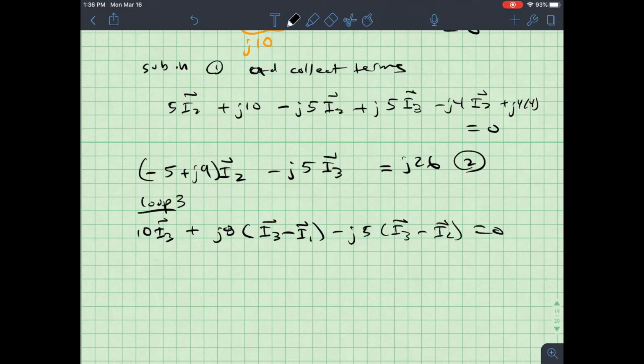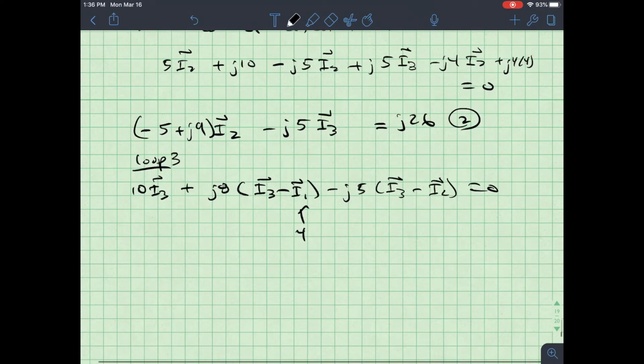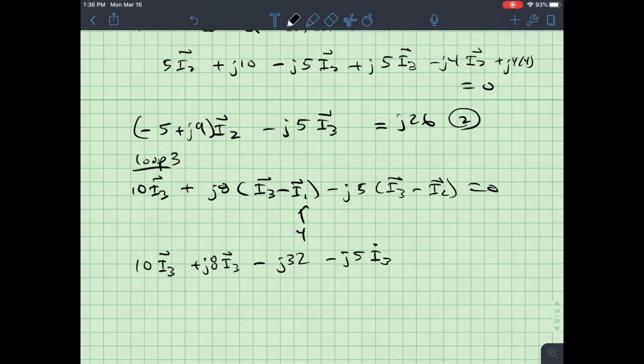Again, I can sub in 4 here. And so I've got the following. I've got 10 I3 plus j8 I3 minus j32 minus j5 I3 plus j5 I2 equals 0.